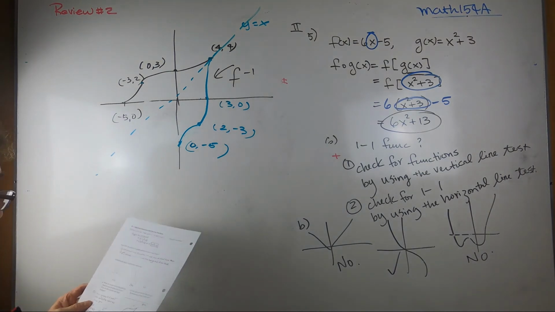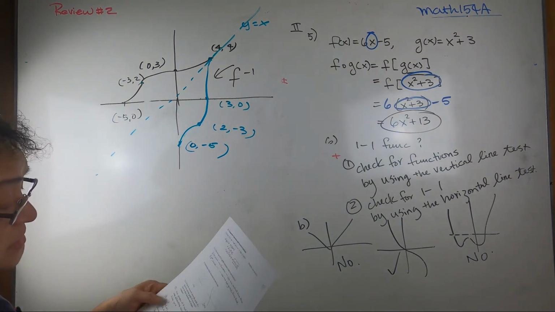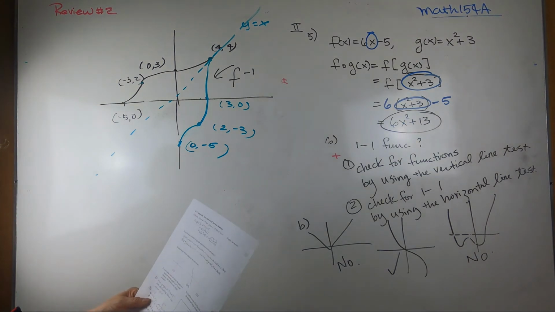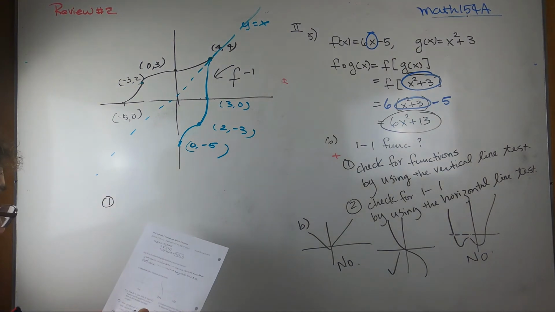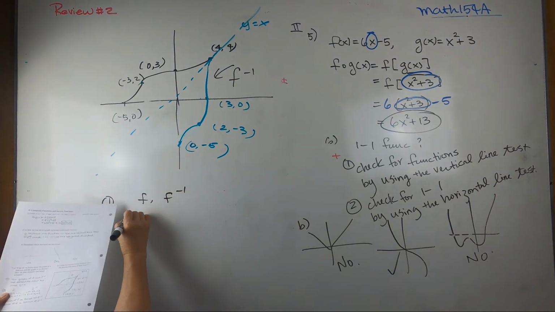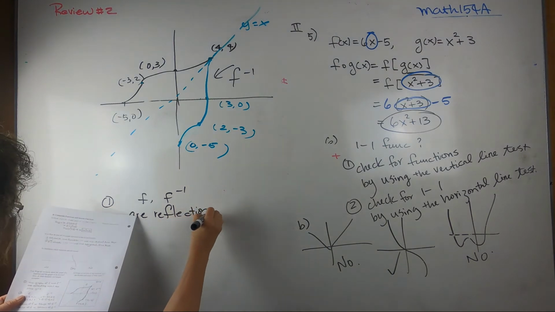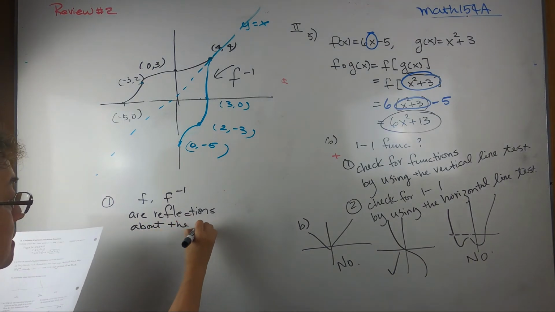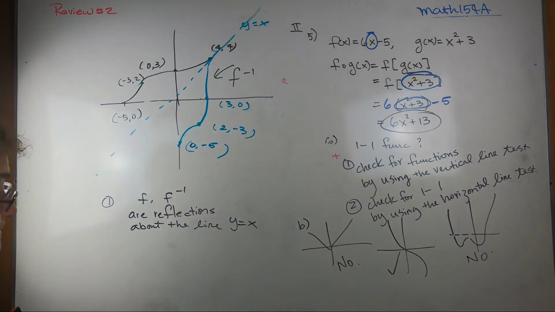So here, what do we know about the graph of a function and its inverse, right? How do their domain and range compare? The graphs of f and f inverse are reflections, because you switch x and y's, about this line, y equals x, right?